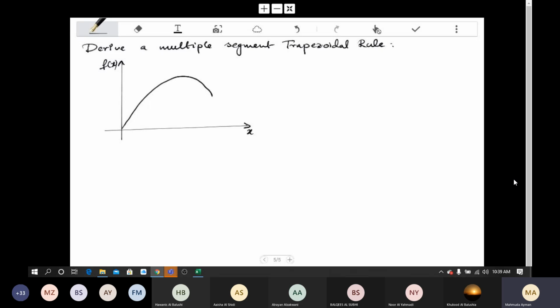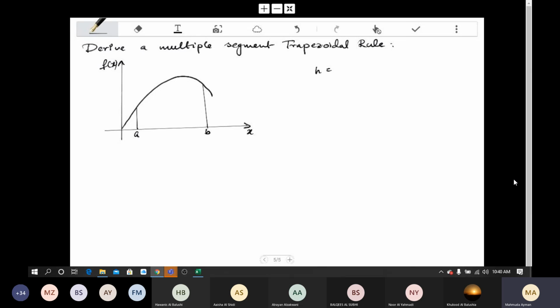We have to integrate the function from point A to point B. And to do this, we are going to break the area here into n equal segments. The distance between each segment will be, let's say, h.